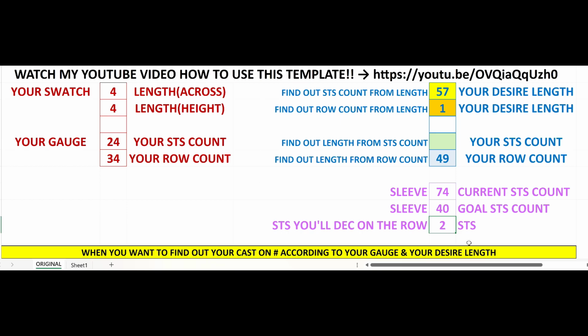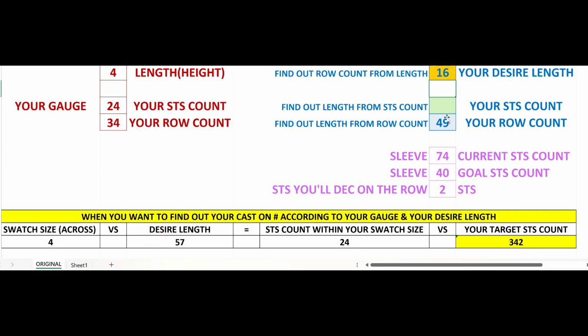And one more, you have to find out how many rows you're going to knit for your desired length from the current location to before the rib. Okay, for me, 16 inches, and I have to find out the row count. So right here, find out row count from the length. I have 16 inches I want to knit. So let's go down.